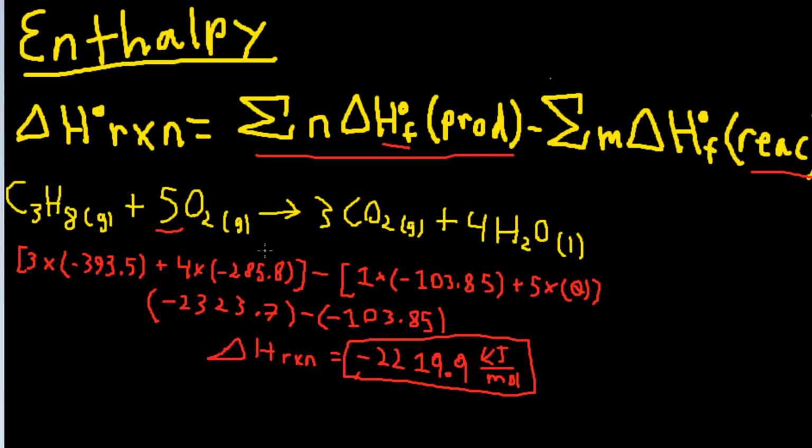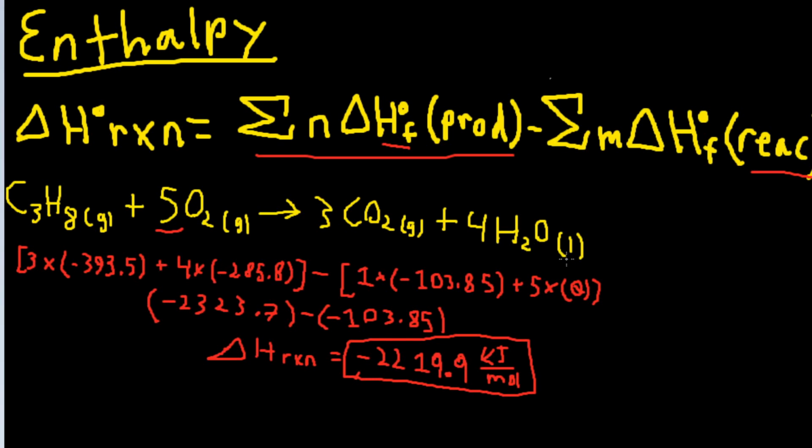The standard enthalpy of formation for carbon dioxide is minus 393.5 kilojoules per mole. That's the unit that we'll be using for this, but I didn't feel like writing it out a bunch of times. Then you multiply that by the coefficient for it, which is 3, and then you add the same thing for water, and it's liquid water.